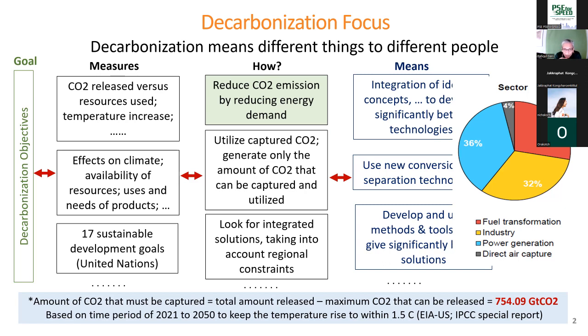And so as you see in the green box here, this is the objective of the course. We want to achieve or focus on decarbonization by reducing CO2 emission, and reduce CO2 emission by reducing the energy demand.